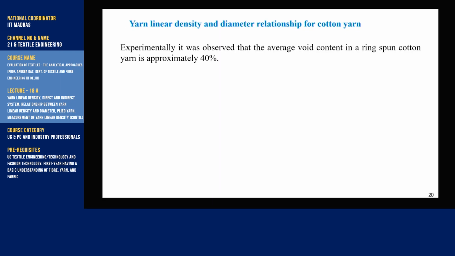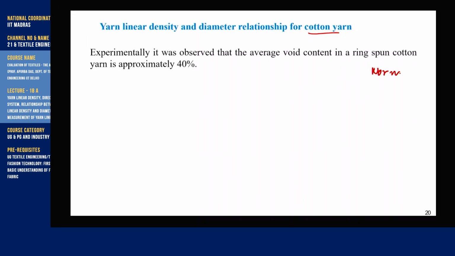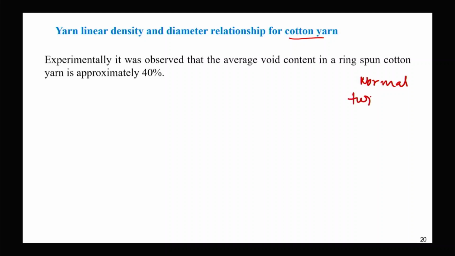The condition is that this should be cotton yarn, and experimentally, for a normal twist level, it is observed that the average void content in ring spun yarn is approximately 40%.